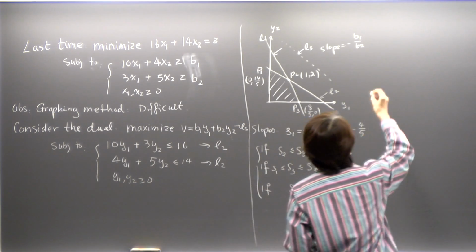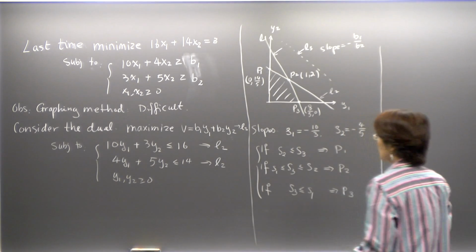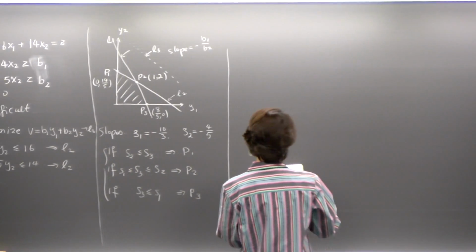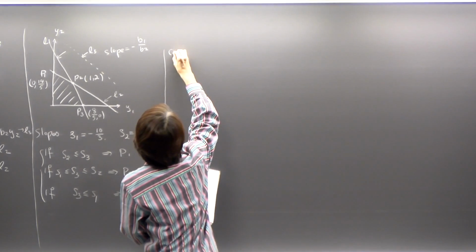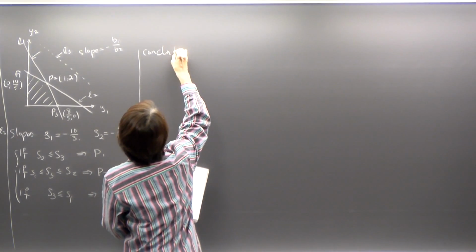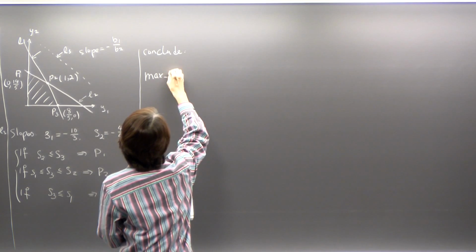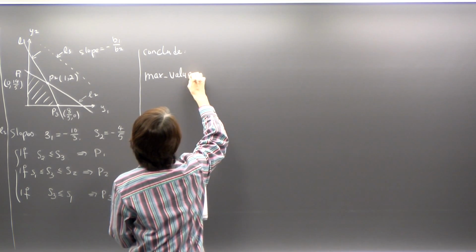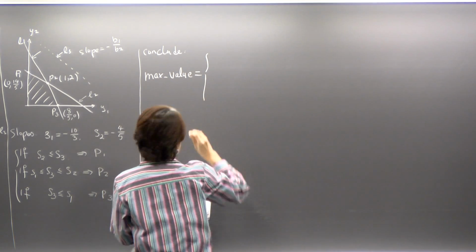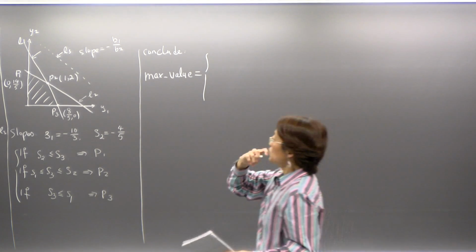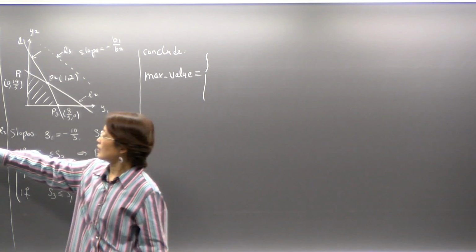Okay, now I can state it, going back, as B1 over B2. So you can conclude the maximum value of the dual can be determined as the following. So if I hit P1, what will be the value?